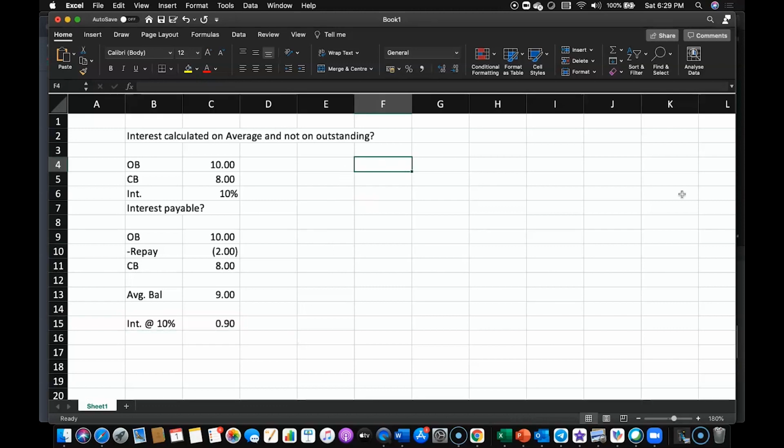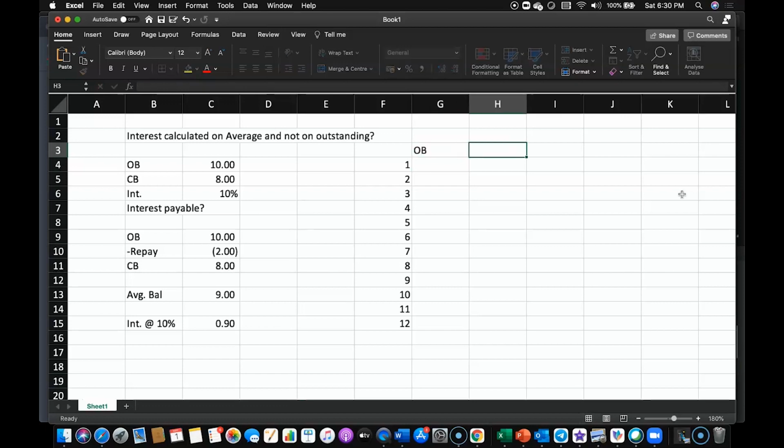So how many months? Let's say this is 1 year position, so 12 months, 1 2 3 4 5 6 7 8 9 10 11 12. And the opening balance, I'll put the opening balance here.